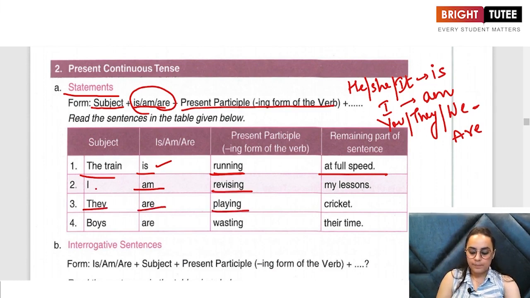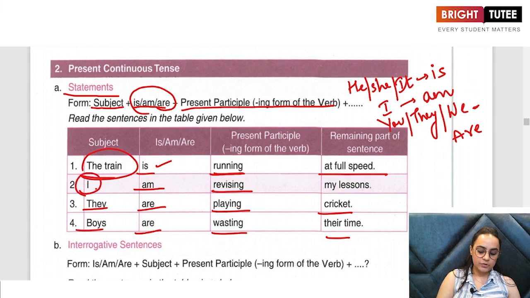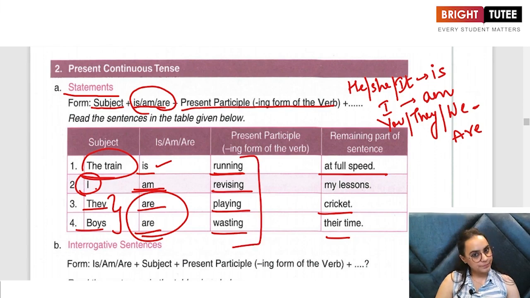They are playing cricket. Boys are wasting their time. So, with the singular pronoun, we use is. With I, use am, and with the plurals, we use are and the ing form of the verb.